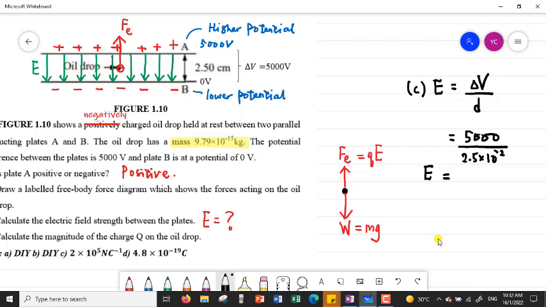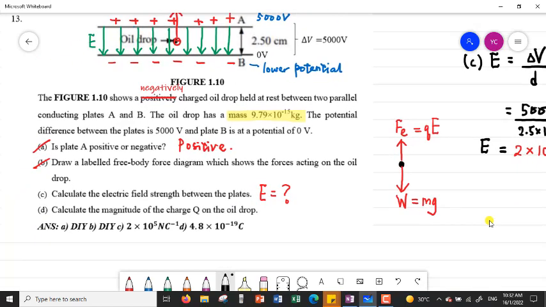If you calculate correctly, you should get the electric field strength created between the two plates to be 2 × 10^5 Newton per Coulomb. Okay, then we are done with question C.